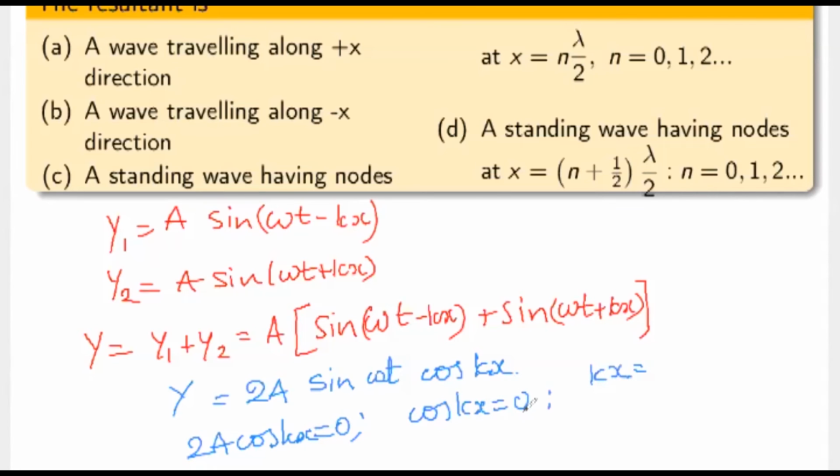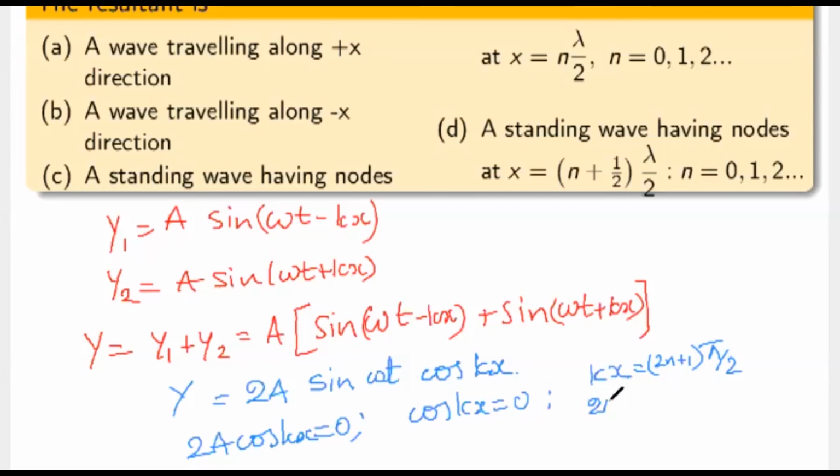Cos pi by 2 is 0, cos 3 pi by 2 is 0. That means an odd multiple of pi by 2. So how do we write that odd multiple? (2n plus 1) into pi by 2. This is the general condition.